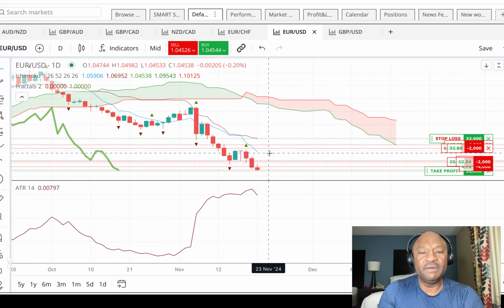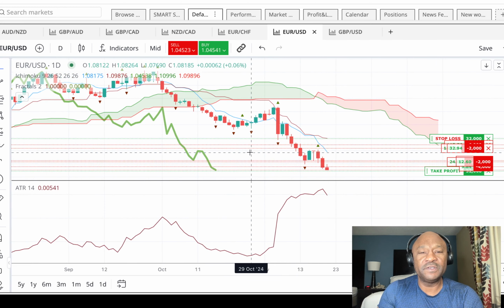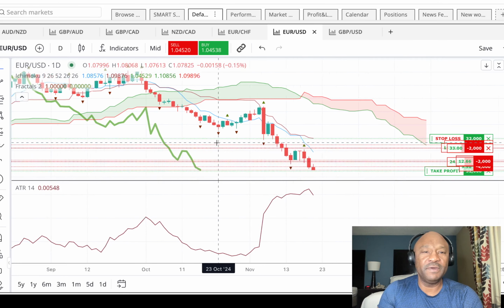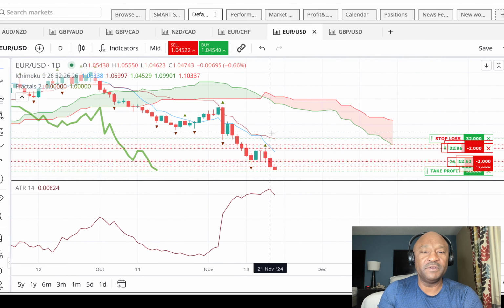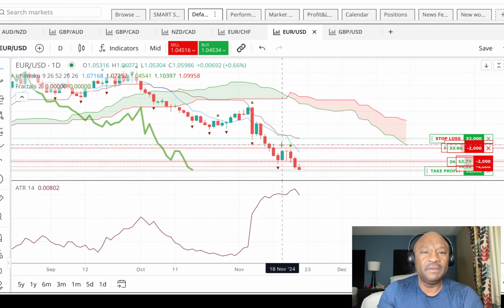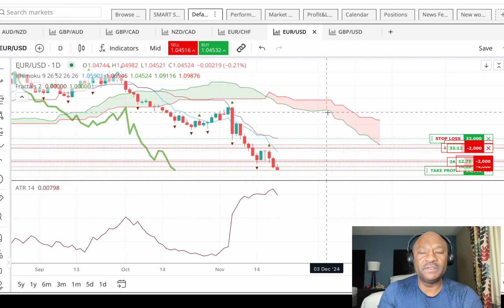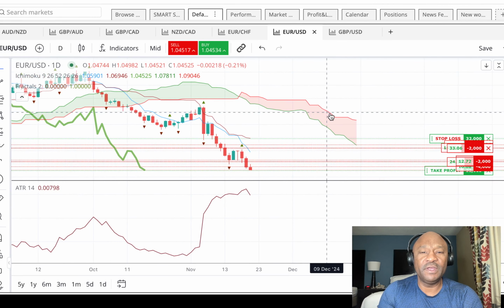From the looks of it, it's going to continue downward. It looks like this euro is getting weaker, so you can consider this trade. You can get in or wait on the sidelines and see what this baseline does. But the baseline is still pointing downward. It actually hasn't flattened out, so keep that in mind. And the lagging span is far, far away from the price action. It's nowhere near it. So you got plenty of room on this trade too, and you got your downward cloud.